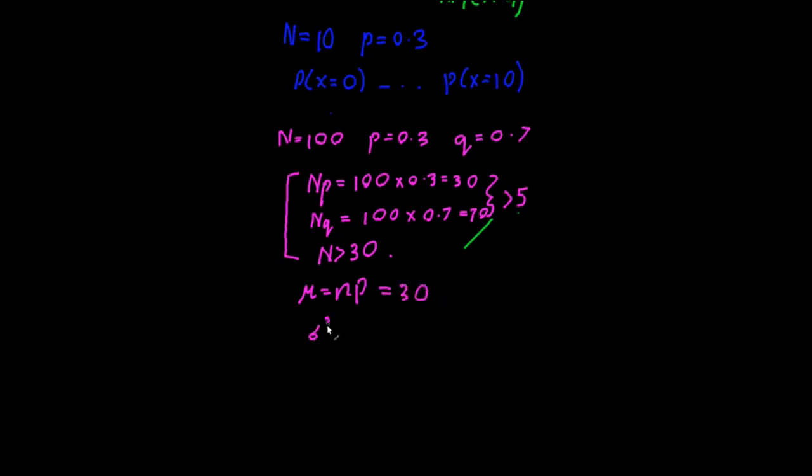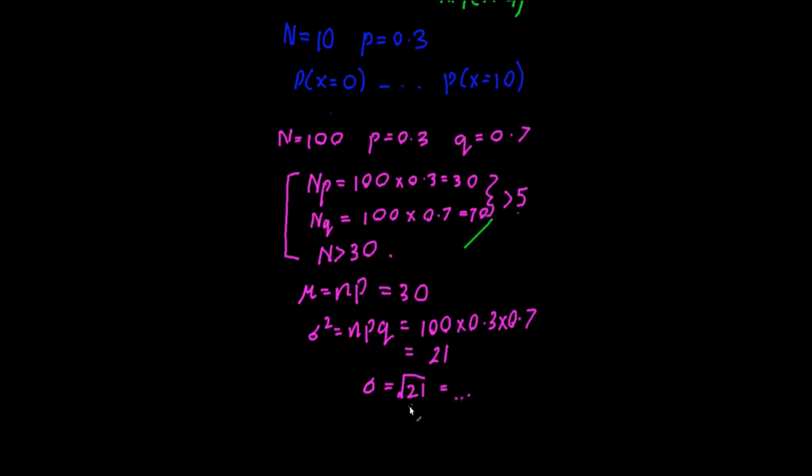Variance, on the other hand, turns out to be npq. So in our case, we will have 100 times 0.3 times 0.7, which will be 21. Okay, and if you need the standard deviation, it's simply a matter of taking the square root of 21, whatever that turns out to be.